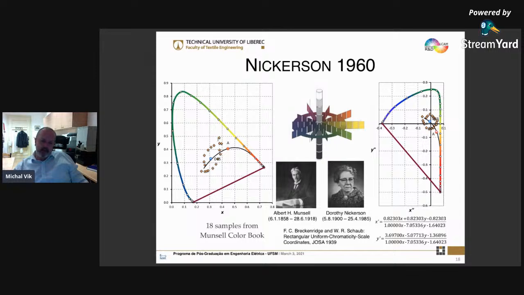If you look here at the CIE xy diagram, you can see the distribution of these samples is not circular. Why? Because the CIE xy diagram has one disadvantage. This is a system which is so-called color non-uniform. And that is one of the problems which we need to solve.